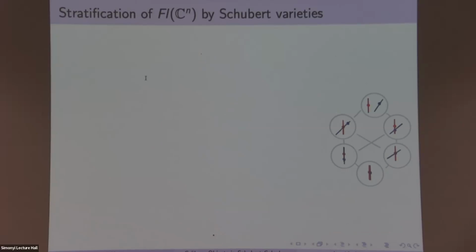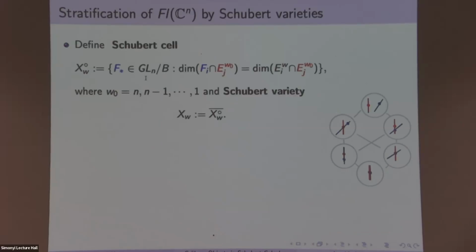So this gives us a stratification of the flag variety by Schubert varieties. Here's the definition of a Schubert cell. I told you about the coordinate flag and the reference flag. Here I will take the reference flag, the flag given by the longest permutation. So I fix that reference flag. And for any given coordinate flag, this is going to prescribe for me a relative position.